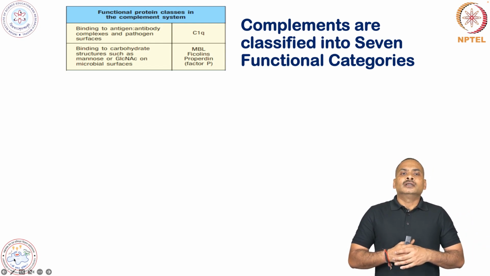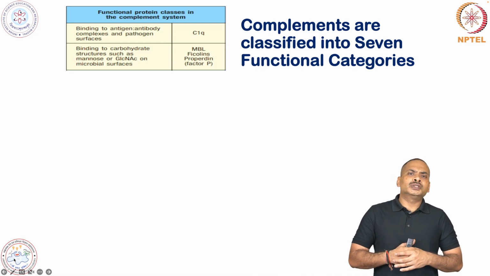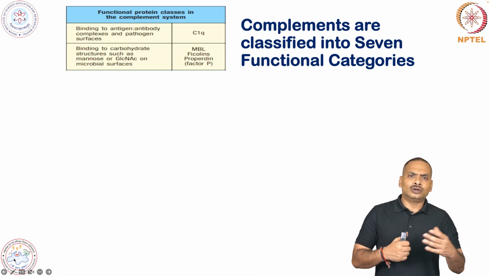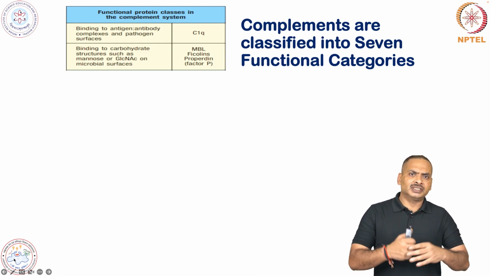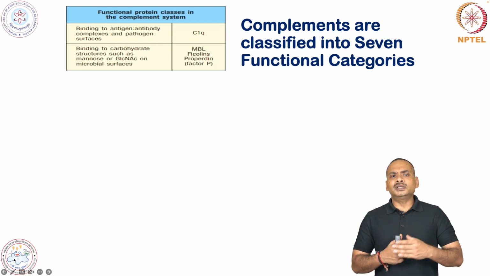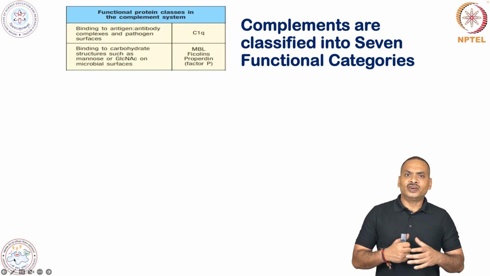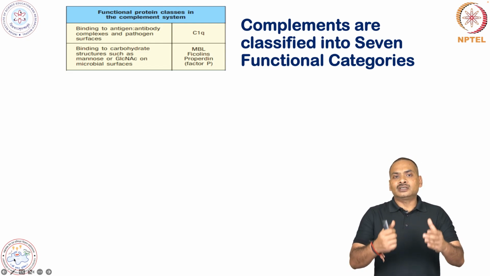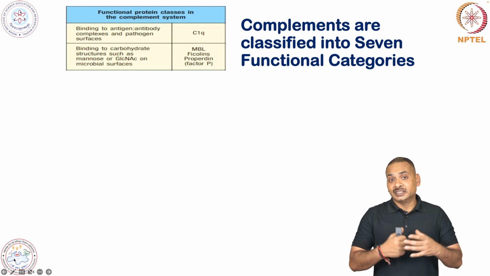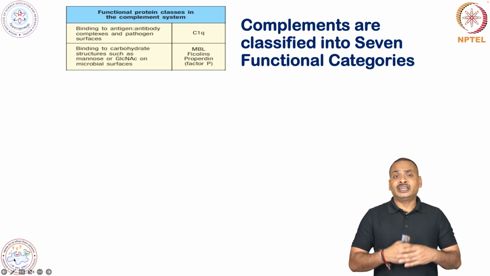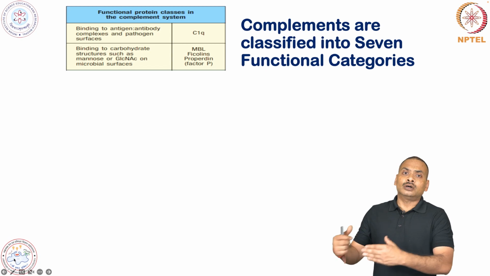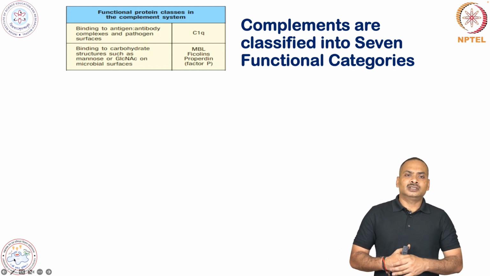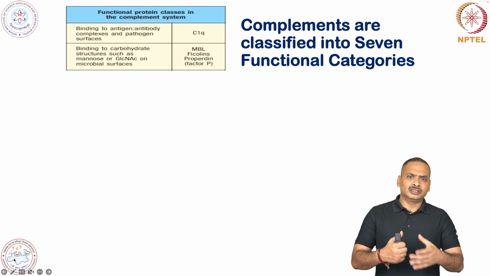The complement molecules which activate another pathway, we also categorize as initiators, for example MBL, ficolins, properdin or factor P. So all these molecules are initiators which will activate or initiate various complement pathways. Okay, there are 3 complement pathways which you will see soon after this slide.